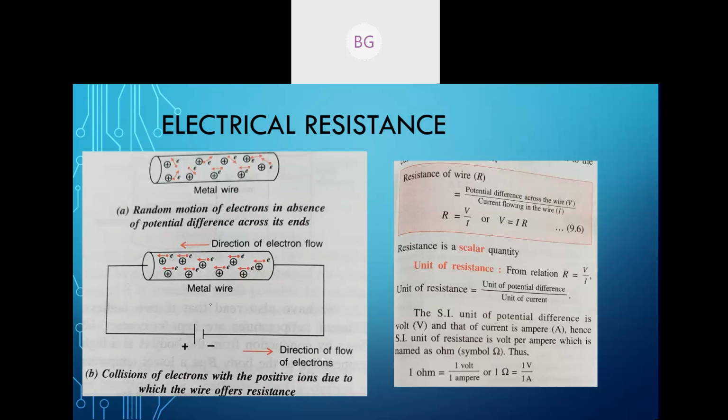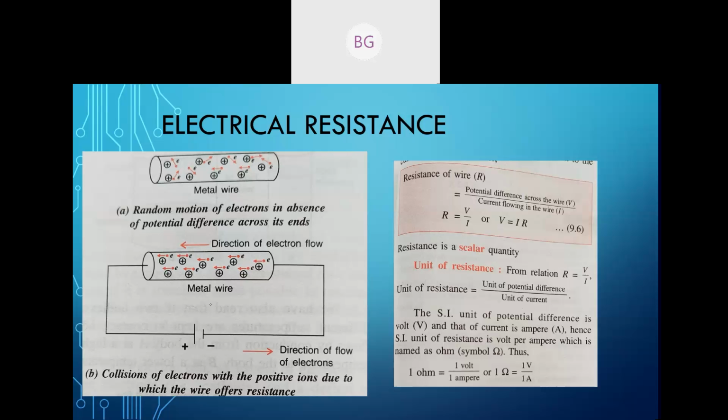So we have the formula R is equal to V upon I, or I can rewrite it as V is equal to I into R. The unit for resistance is ohms, the unit for voltage is volts, and that of current is ampere.